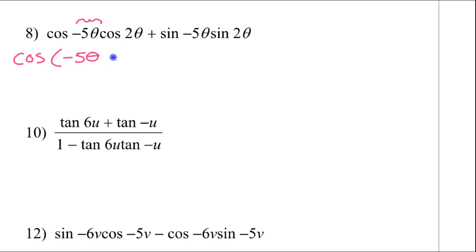And then it should be minus, and then the second angle is 2 theta. And these are like terms, so I should be able to combine this further as the cosine of negative 7 theta. And that's it. We have simplified it.